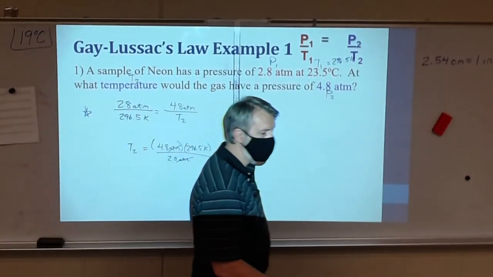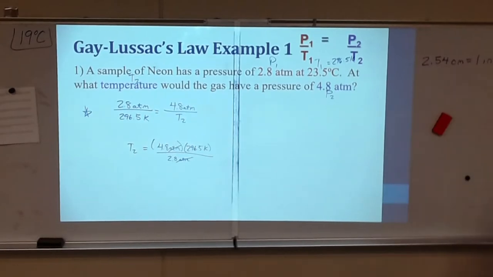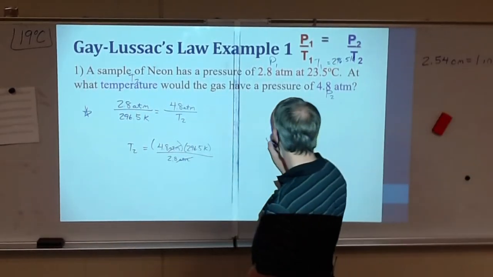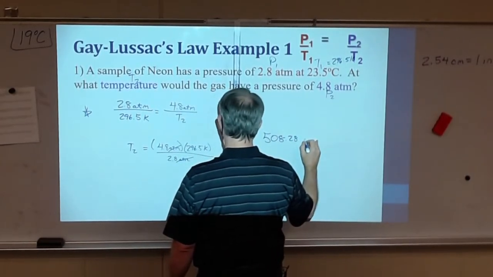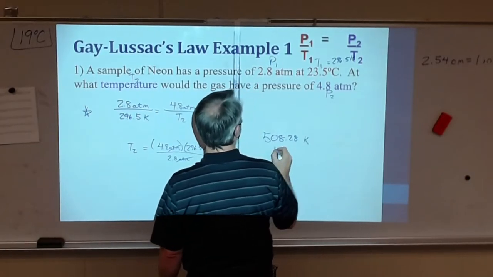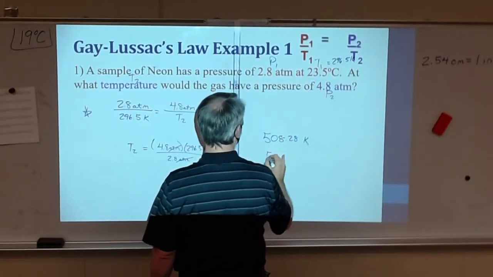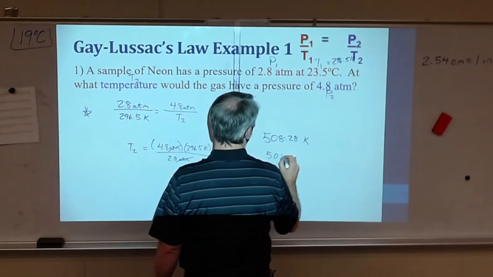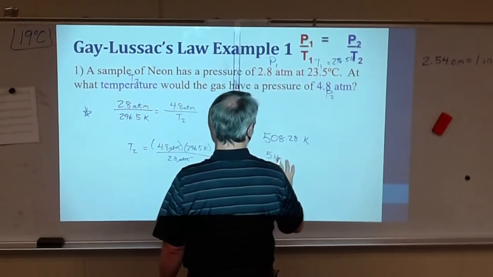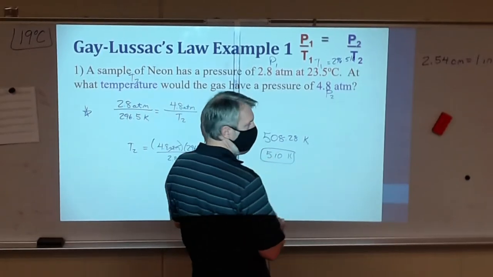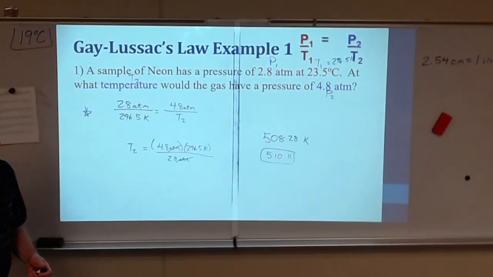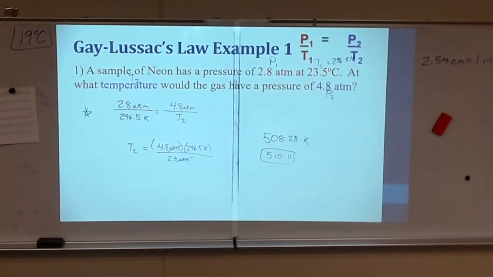Type it in your calculator. 508. And so my sig figs looks like 2. So we could do like 500 or 510. 510 Kelvin. Should be right. Seem reasonable? Okay.